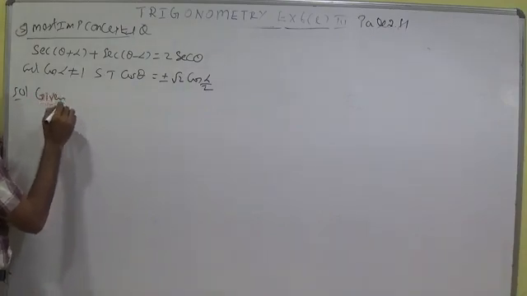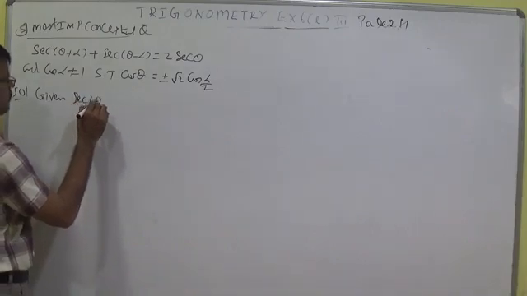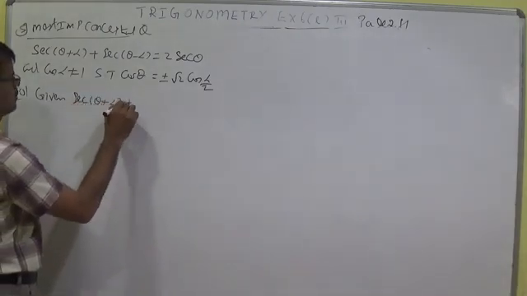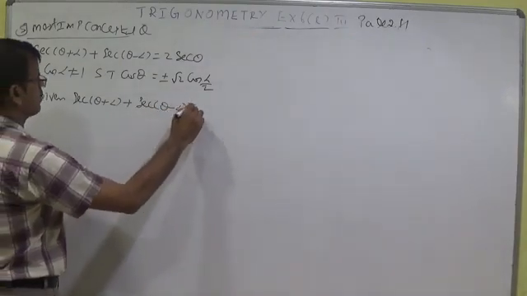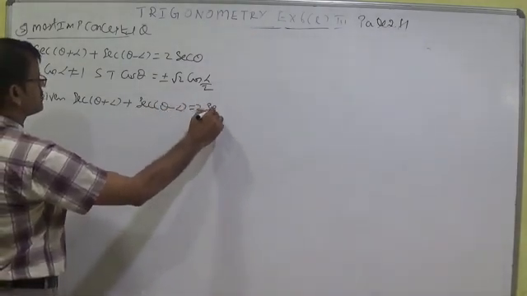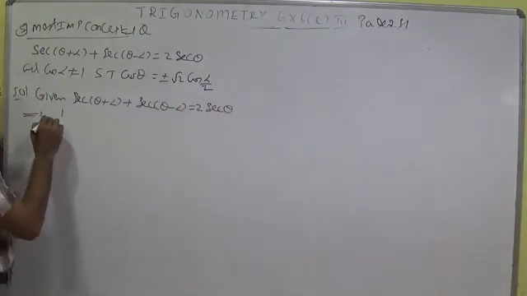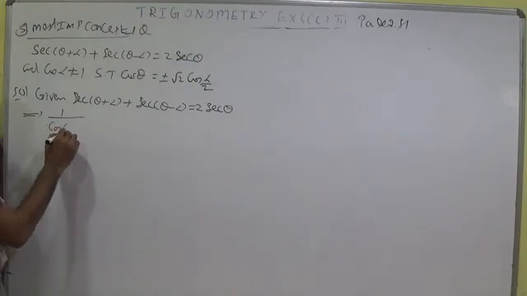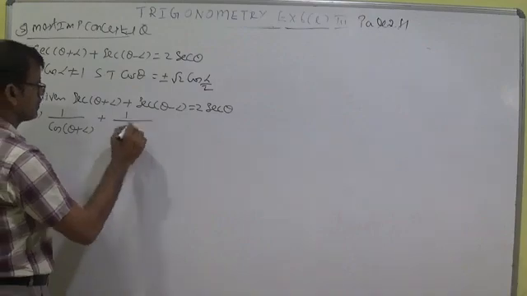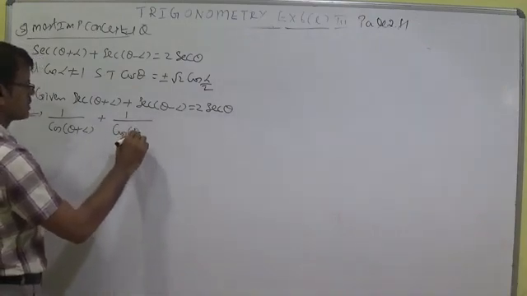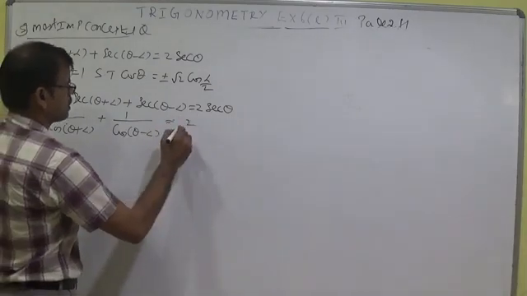Write the solution as given. Secant of theta plus alpha plus secant of theta minus alpha is equal to 2 secant theta. We know that secant theta is 1 by cos theta. So write like this: 1 by cos of theta plus alpha plus 1 by cos of theta minus alpha is equal to 2 by cos theta.